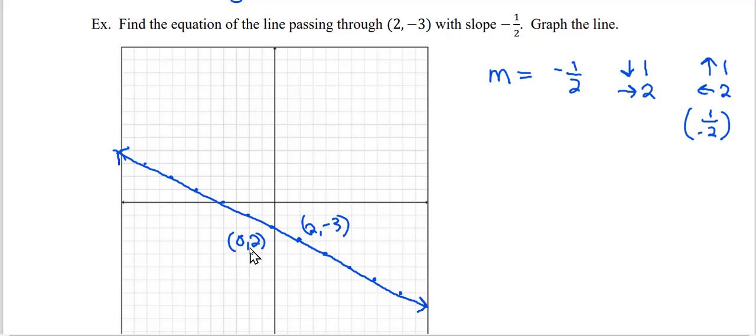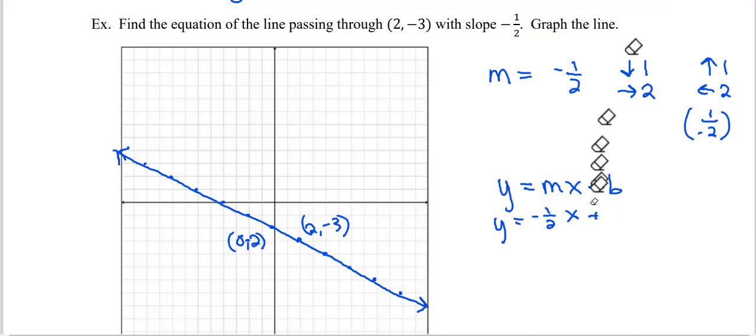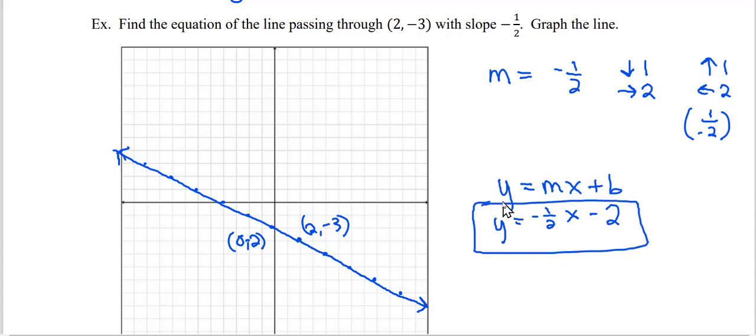So realistically, I could pretty easily, from the graph of this, write my equation of my line: y equals, well, m is negative 1/2, and the y-intercept is negative 2. So I'm going to put that negative 2 in place of the b. Remember that b gives you the y-intercept. It also goes the other way. When you have the y-intercept, you can put that in place of b. So that is my equation of my line.